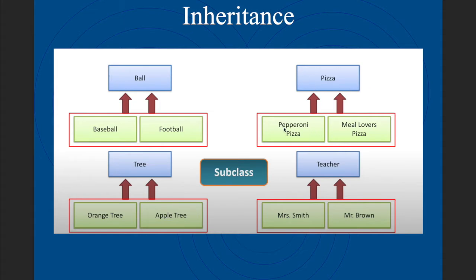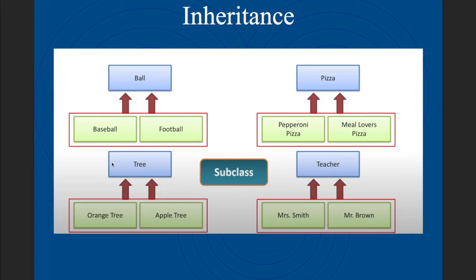And we have pepperoni pizza class and meat lovers pizza class, which are derived from pizza class. So, because they are both pizzas, they obviously have something common, for example in recipes, but they also have some different characteristics.